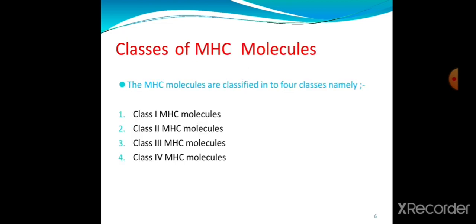Now here we can see the classification of MHC molecules. There are 4 types: class 1, class 2, class 3 and class 4. Among these 4 classes, the first and second are very important.